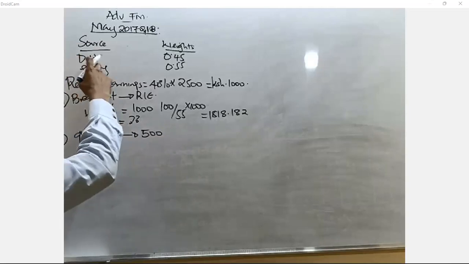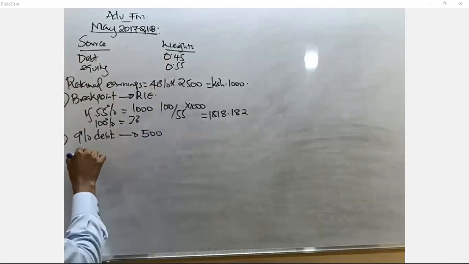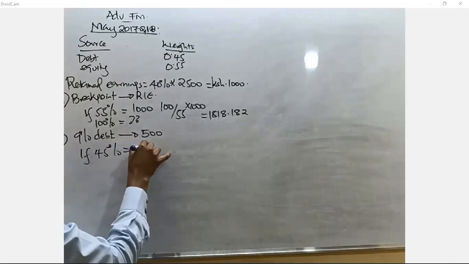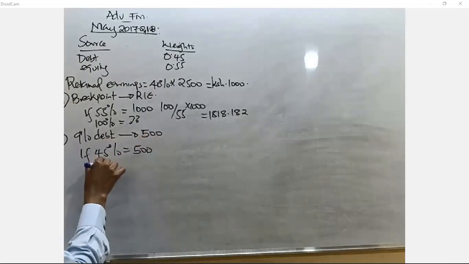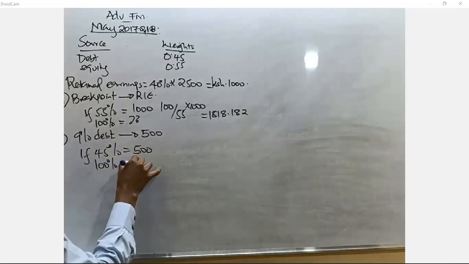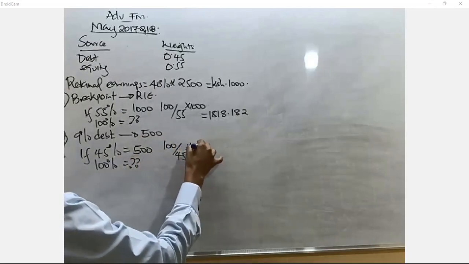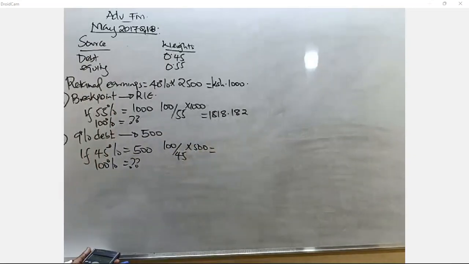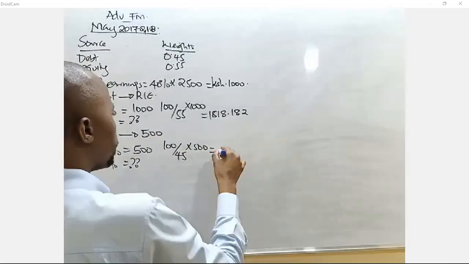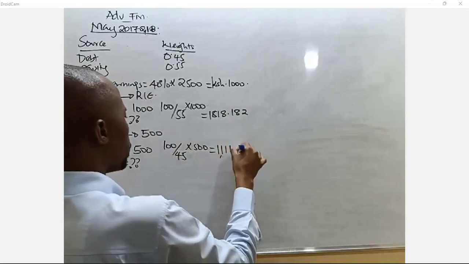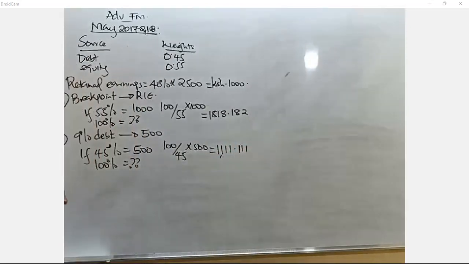You equate with the proportion for the debt. If 45% is giving you 500, what about 100%? So you just say 100 over 45 times 500. What is the maximum this security can give you? It gives you 111,111.111, something close to that.